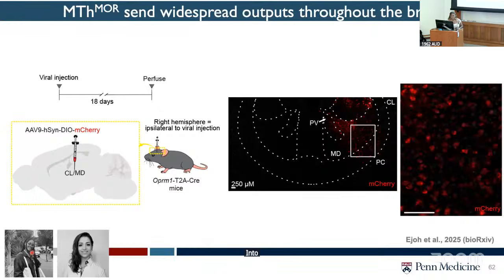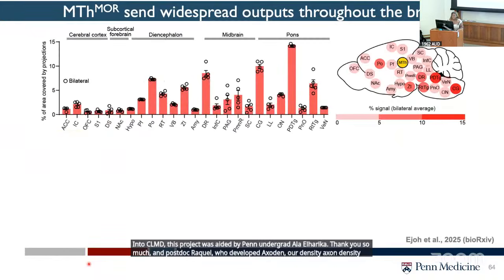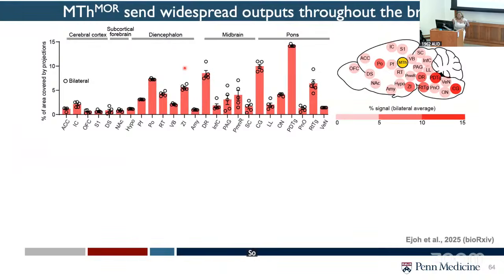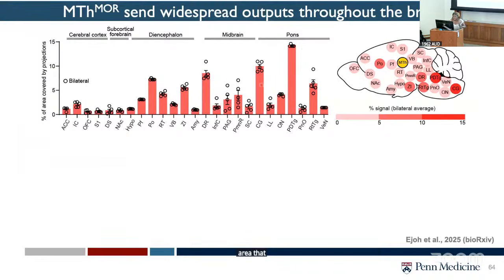This project was aided by Penn undergrad Ala El Hareka, thank you so much, and postdoc Raquel, who developed AxoDen, our axon density analysis software. We looked at the top 25 output regions from CLMD Mu-opioid receptor neurons and quantified the percent of each area covered by projections, finding that the greatest amount went to regions like the pedunculopontine tegmental nuclei, dorsal raphe, central gray, and zona incerta.